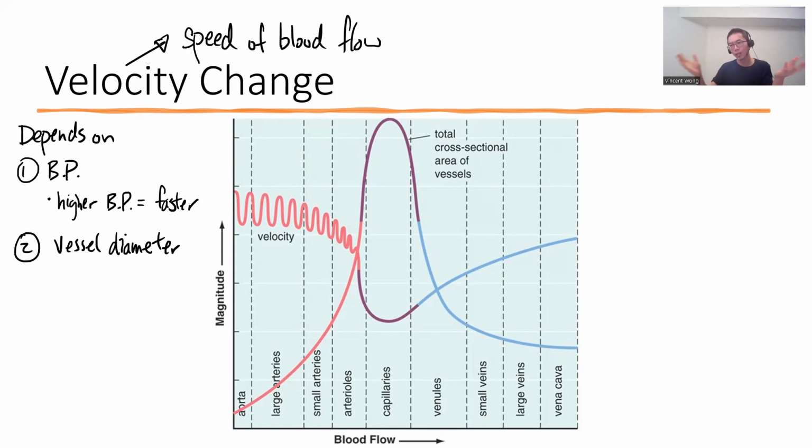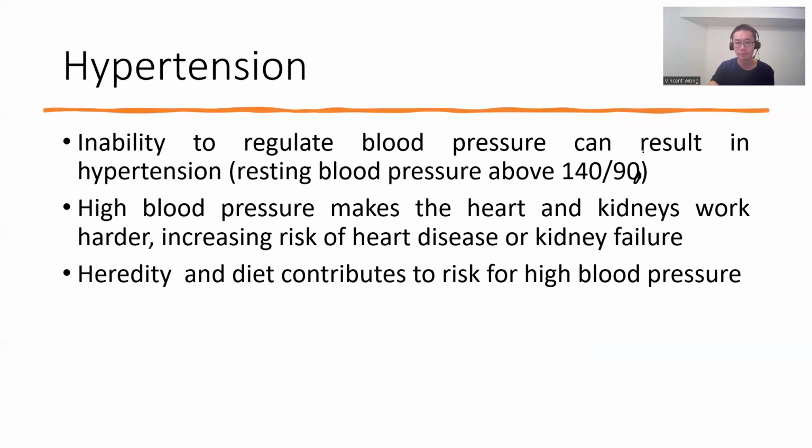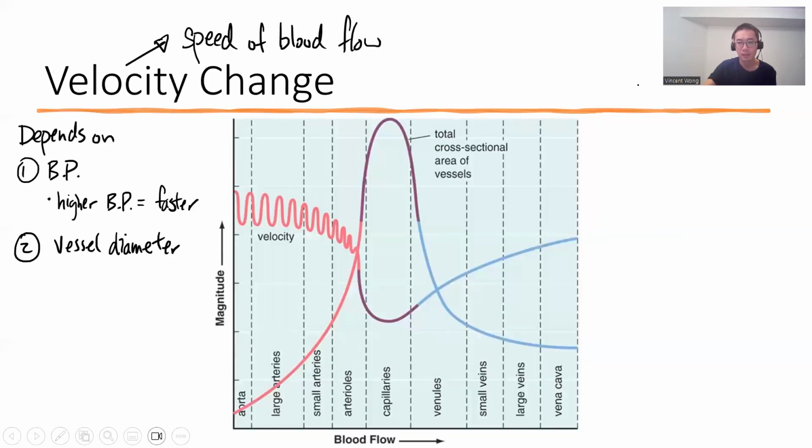Do you think it's faster in a bigger vessel, or do you think it's faster in a smaller vessel? A for faster in bigger, B for faster in smaller. Which one is faster? Bigger is faster or smaller is faster?